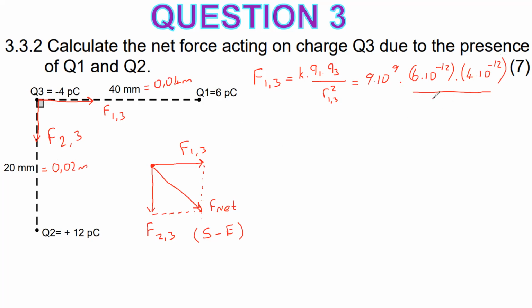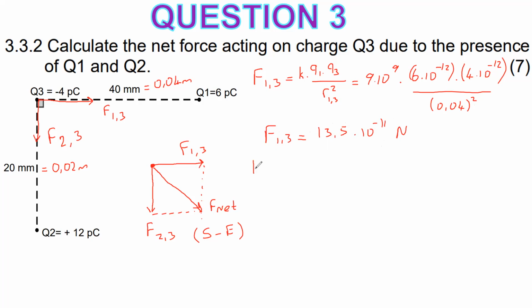So we can use 0.04, and then we are just getting F13 equals, when you calculate it, you are getting 13.5 times 10 to the power of negative 11 newtons. This is our first force.